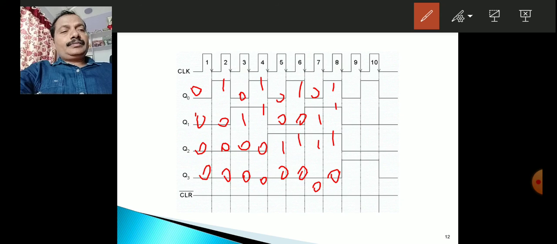Next pulse, 0 0 0 1. That is 8. Now observe very carefully. At this pulse it is 1 0 0 1, which is 9. The required count comes. In the next pulse, because it is 1 0 1 0, it should reset to zeros.